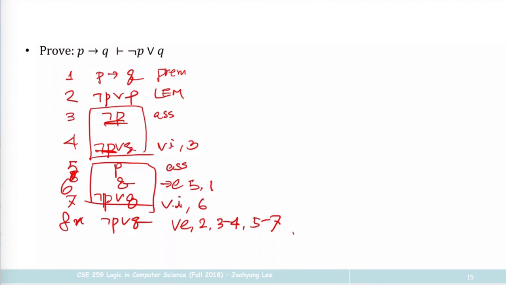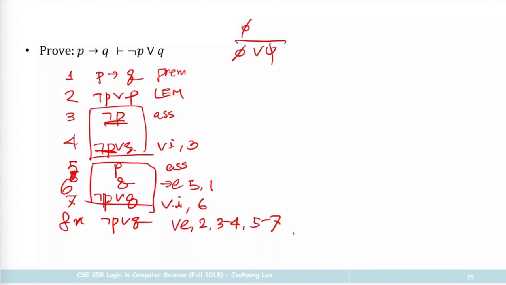The OR introduction rule says that if you know one of them is true, then you can make this. You don't have to know whether psi is true or false. Not P is assumed to be true in the box, so in the box you can say not P or something. That is fine. Okay, question?